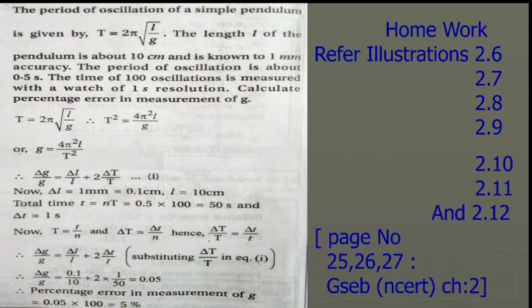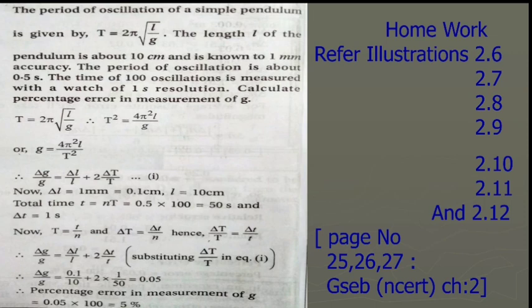So dear students, in this way you can solve different examples based on the combination of errors. Now in our GSEB NCERT textbook, in the second chapter, page numbers 25, 26, 27, illustrations are given.